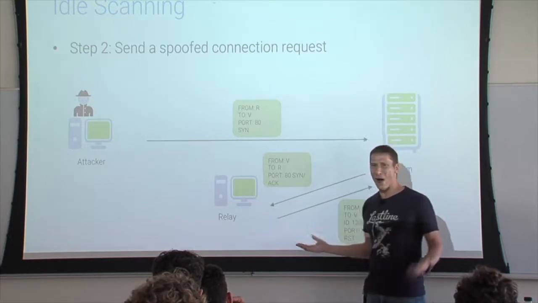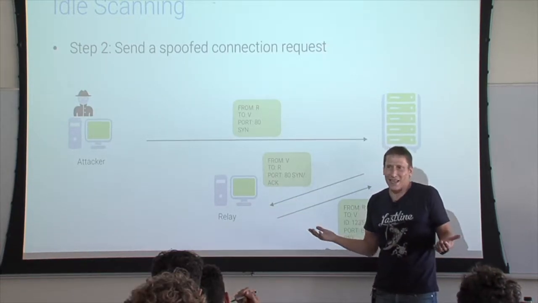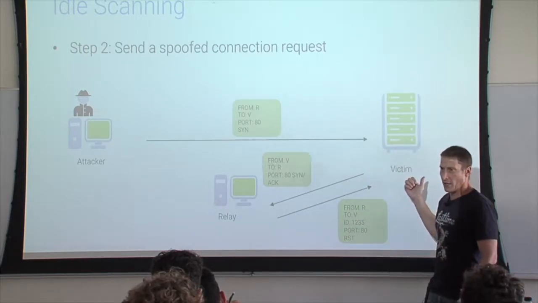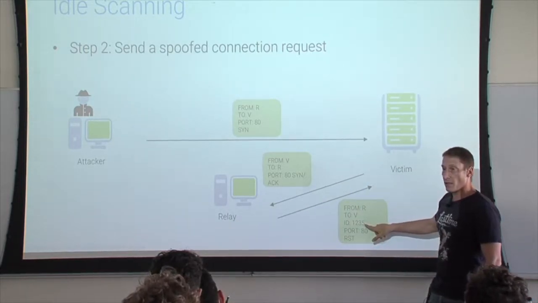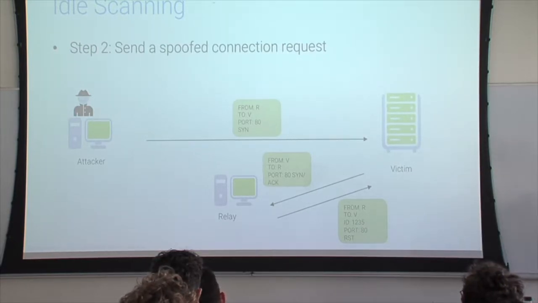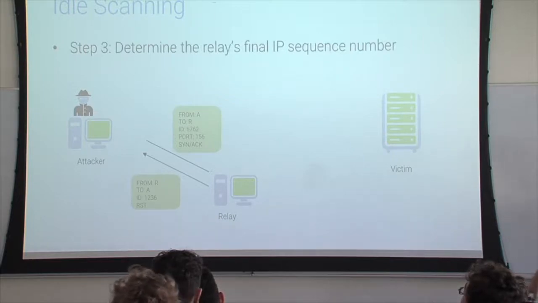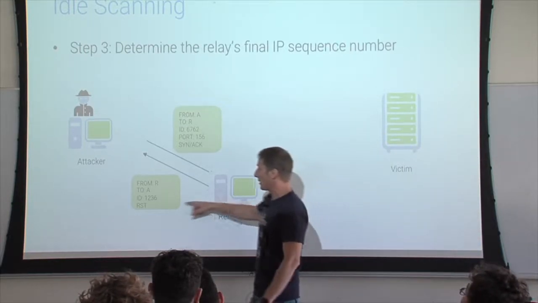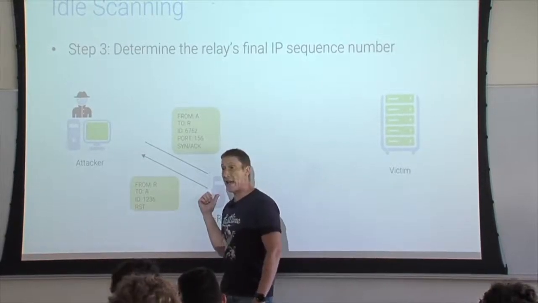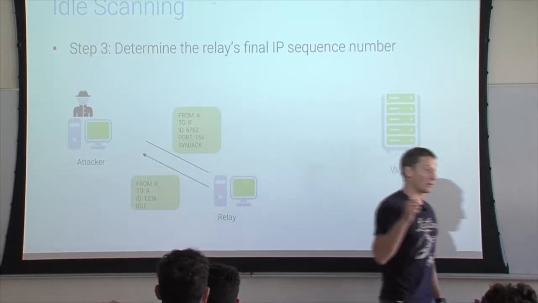But the relay says, what? SYN-ACK what? I didn't even ask you if your port was open. Reset, go away. But by sending this reset, its ID is 1235. Next step, the bad guy is going to check once again. What is your IP ID? And it says 1236. Now I know that this guy sent a packet out.